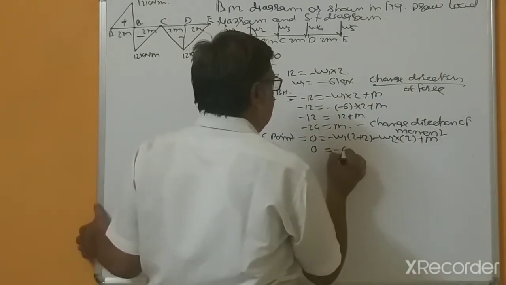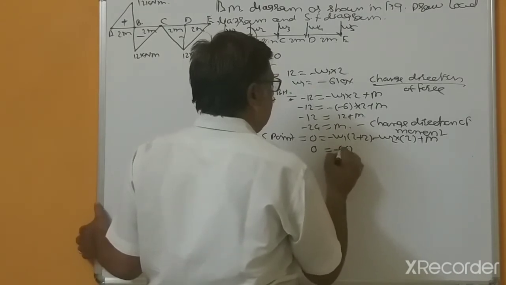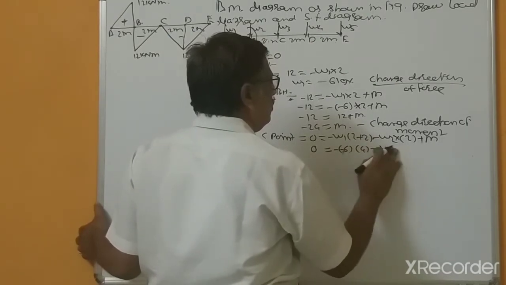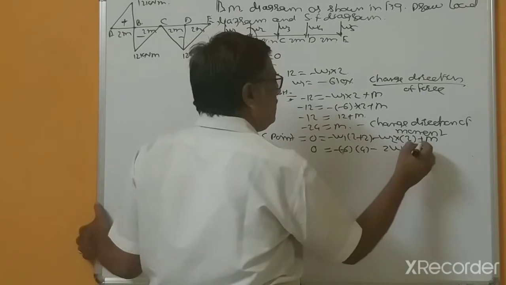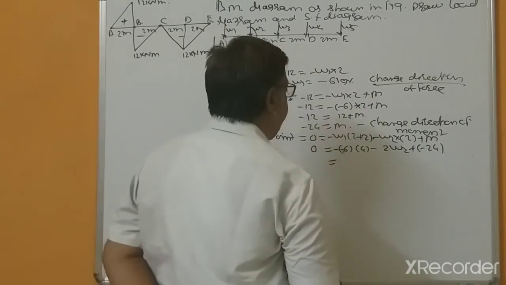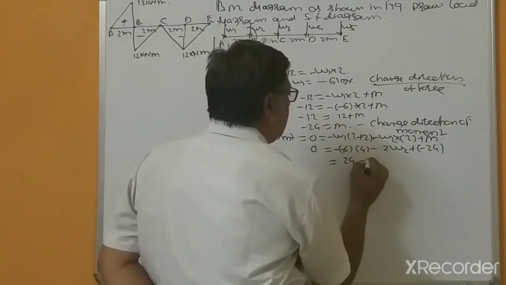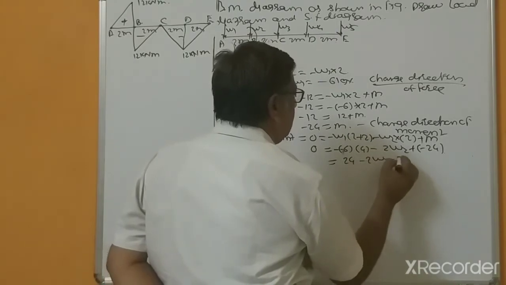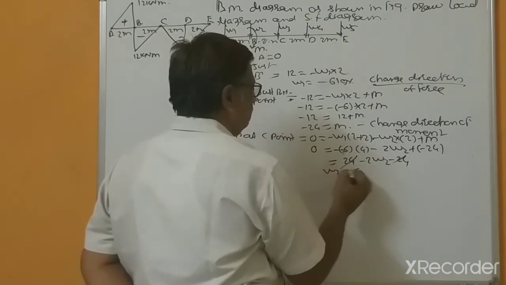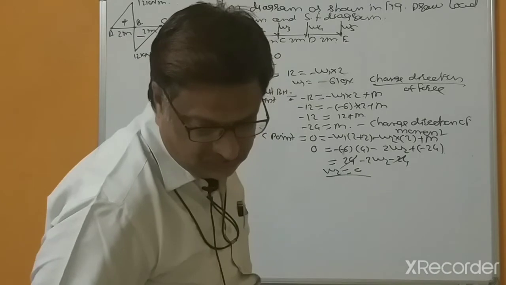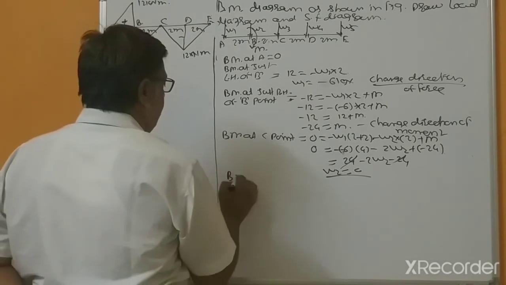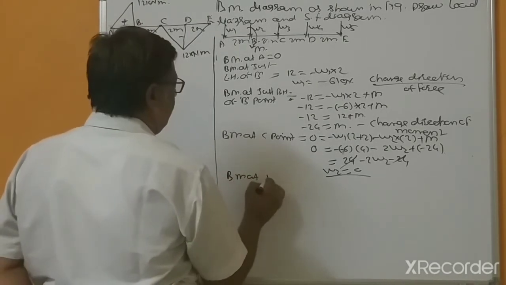W1 is minus 6 into 4, W2, plus M equal to minus 24. This is plus 24 minus 2 W2, and this minus 24. This will get cancelled. W2 equal to 0.